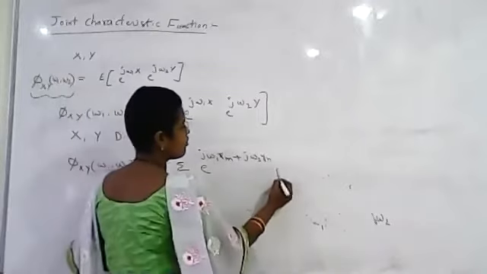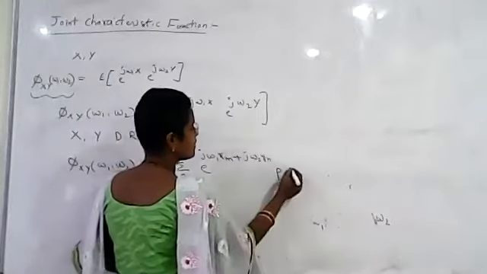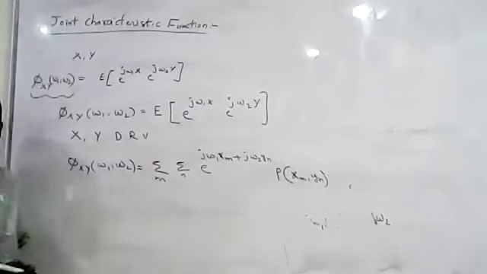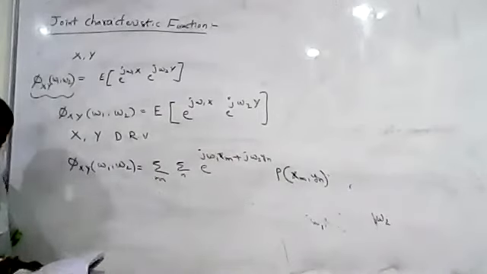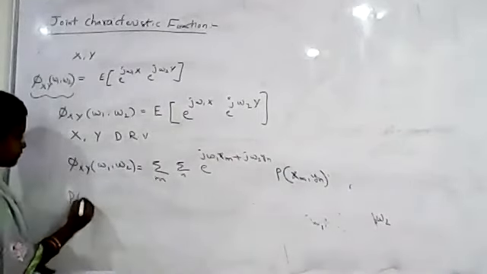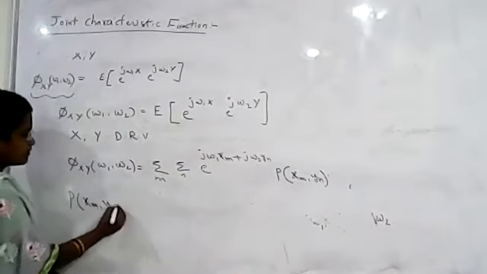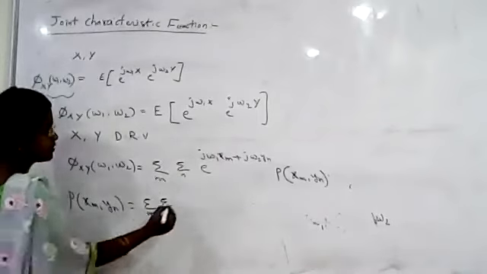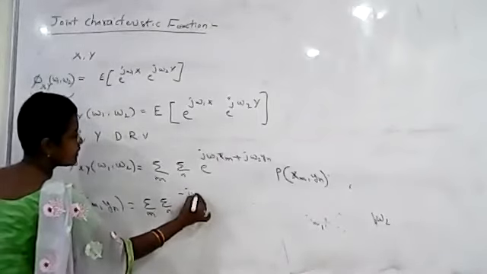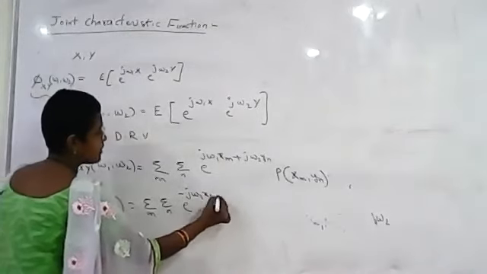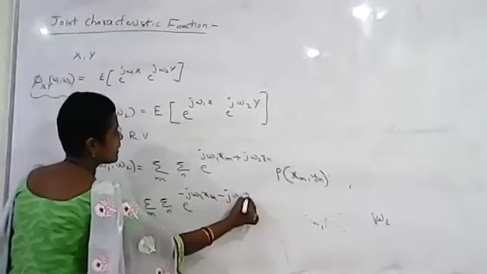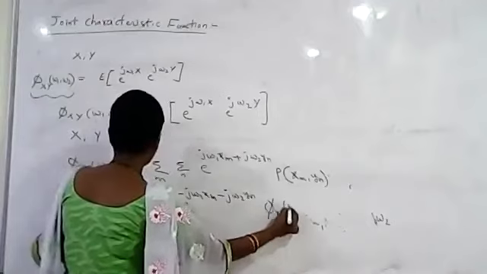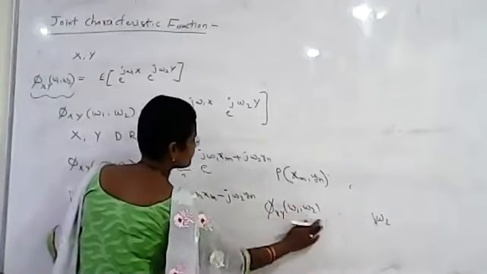Then here, instead of the probability density function, we will have the probability mass function p of xm, yn. So it will be the summation with respect to m, summation with respect to n, of e power j omega 1 xm, e power j omega 2 yn, p of xm, yn, which gives phi xy of omega 1 comma omega 2.